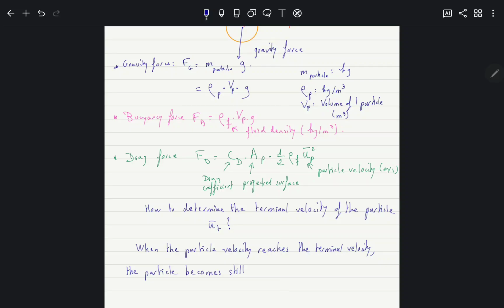That particle is going to be basically in a state of equilibrium. It's going to be completely still in the fluid, so not falling, not rising, just still. And from there, you can simply write that the sum of all the forces applied on that particle equals 0.